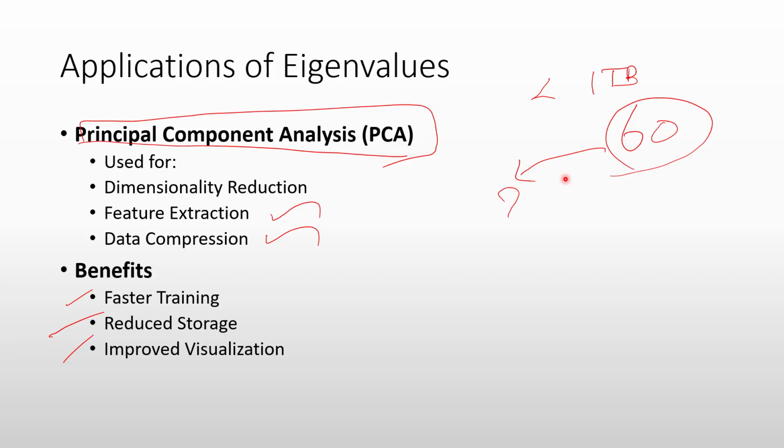With the help of principal component analysis, for dimensionality reduction. Similarly, you can use it for feature extraction and data compression. The benefits are faster training, reduced storage and improved visualization. All of this you can do with PCA.